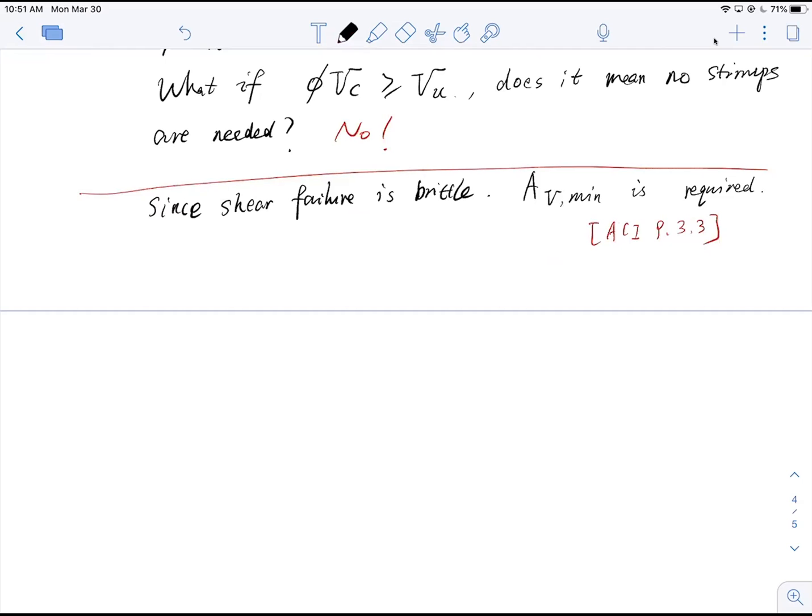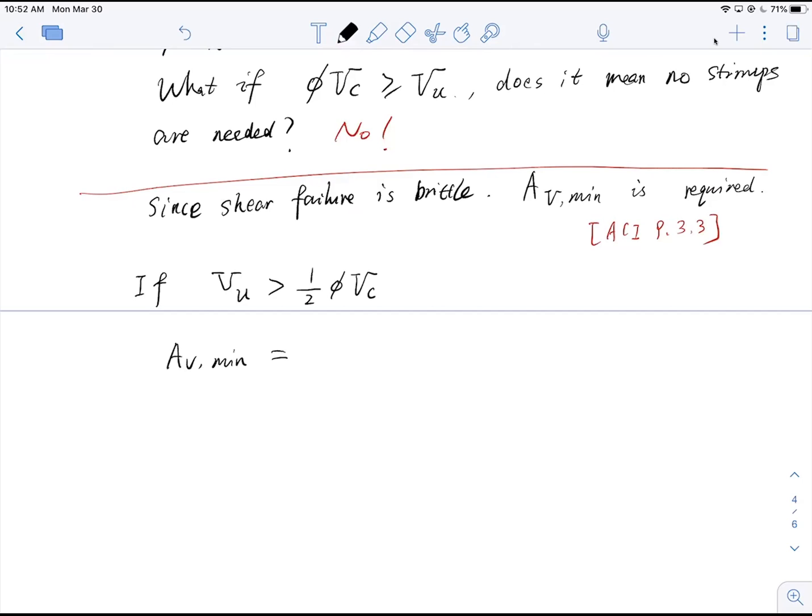So per ACI, it actually says that if Vu, the applied shear, is bigger than half of phi Vc, be careful here, that means if my applied shear is bigger than half of what the concrete can provide, I require Av min.